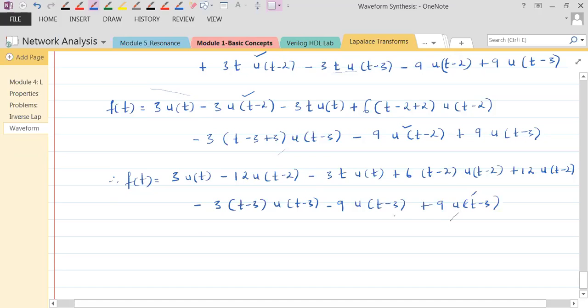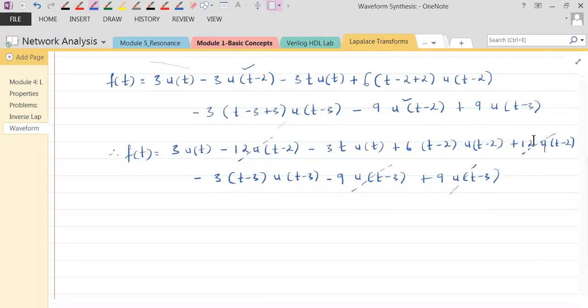So these two would go off. So what is left behind is this particular thing. So in this, is there anything that we can club together? So see here, there is minus 12 and plus 12 u of t minus 2. So these two would also go. So then you have, yeah, I think that's it.